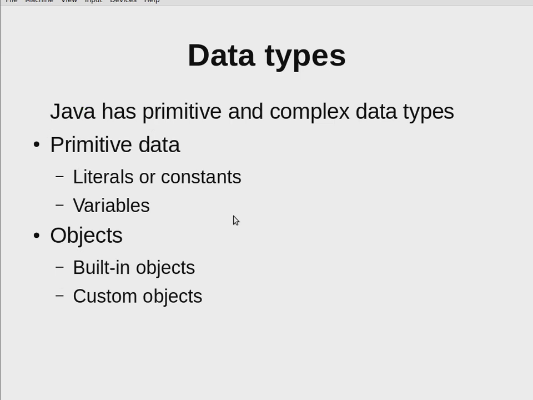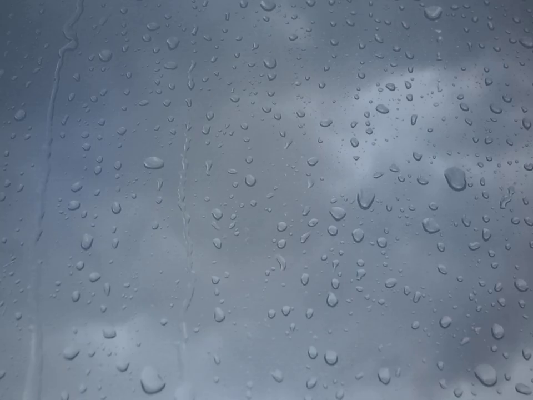So now about data types. There are primitive data in Java and objects, and primitive data can be literals or constants or variables, and objects are more complicated data. These were introduced in Java due to performance reasons.